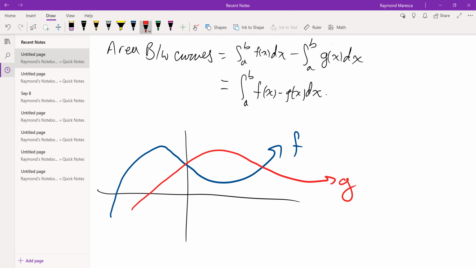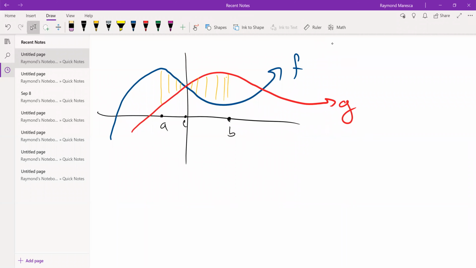Okay, and let's say that we want to find this area now. Let's say that this now is a, and over here is b. Well, f is not bigger than or equal to g on the entire interval, but we can split it up into two intervals on which one function is bigger than the other. So where these functions cross, let's say that this point is c.